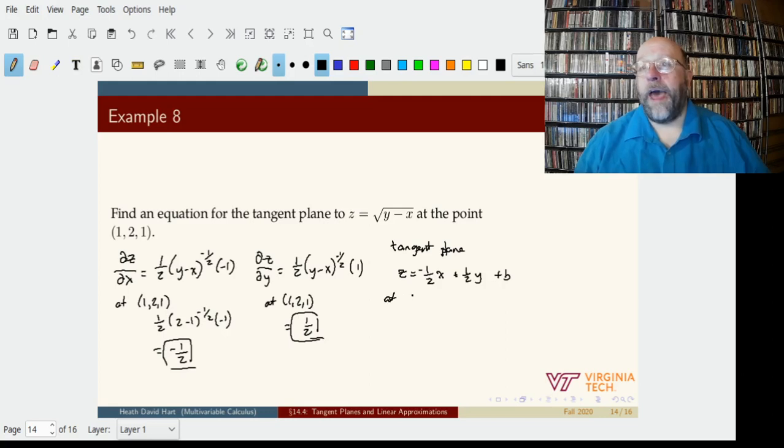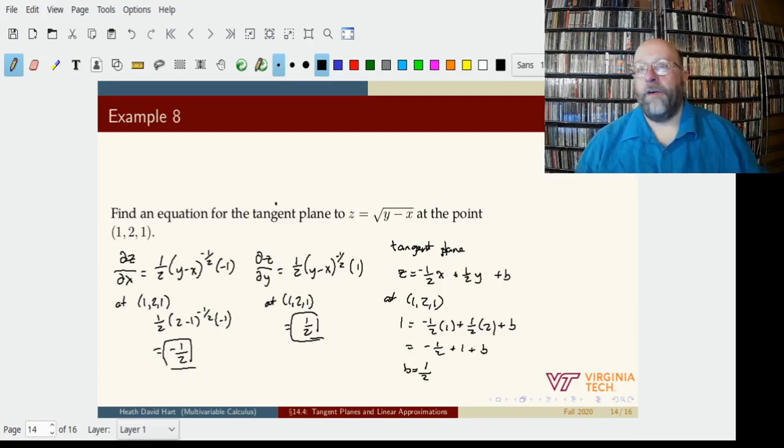And then at the point (1, 2, 1), 1 is equal to negative 1/2 times 1 plus 1/2 times 2 plus b, which is negative 1/2 plus 1 plus b. And so b has to equal positive 1/2. And so that's our final answer. The tangent plane is z equals negative 1/2 x plus 1/2 y plus 1/2.